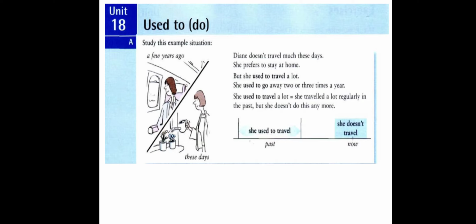So we say she used to travel a lot in the past, for example. And here we use used to plus the base form, travel, to express a habit which was going on in the past but is no longer done now. She used to go away 2 or 3 times a year in the past, but now she doesn't go away.